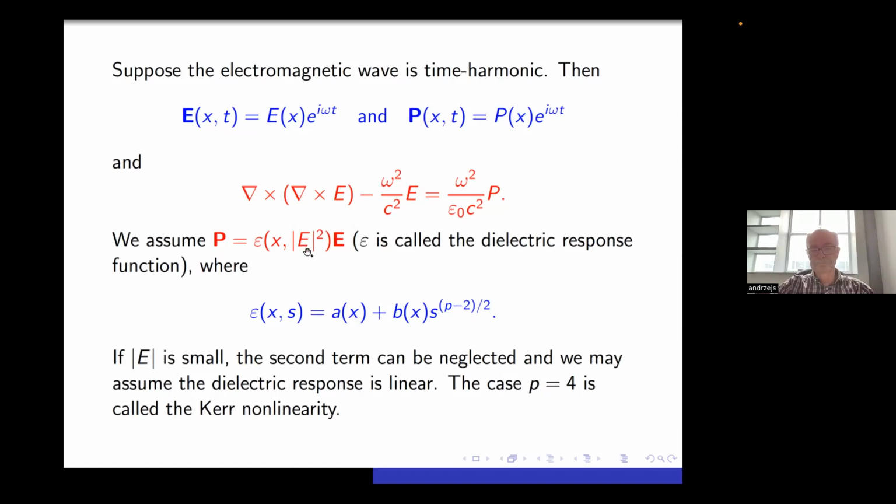So P would be something like e squared times E. And what this really means is simply that one takes a Taylor expansion of the response, this is the first term, this is in this case the second term, and one neglects the other terms.